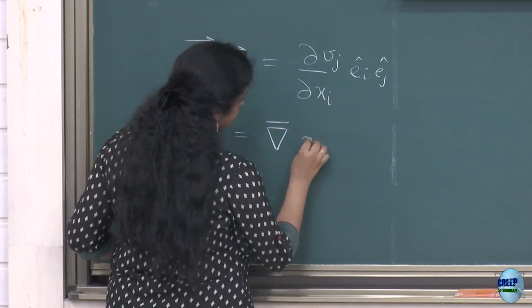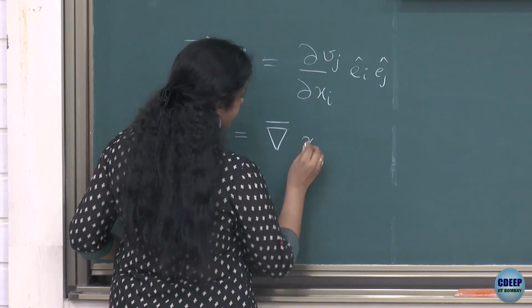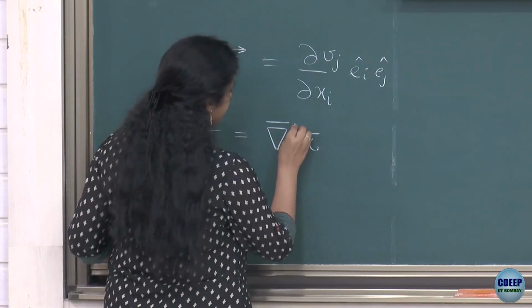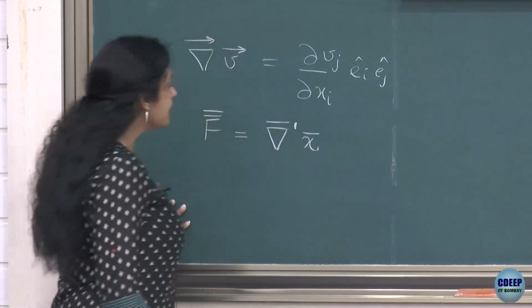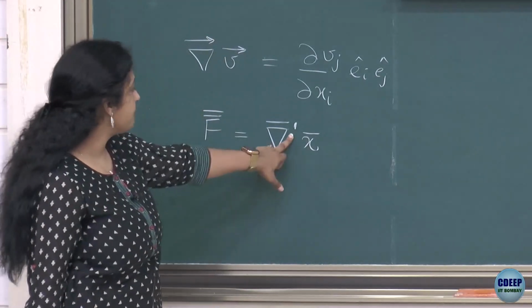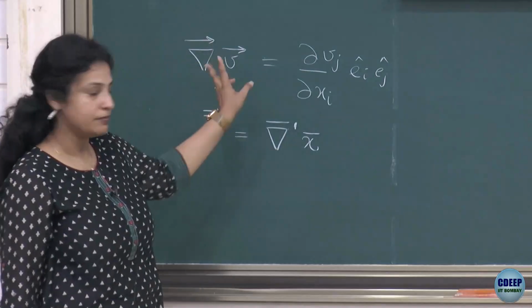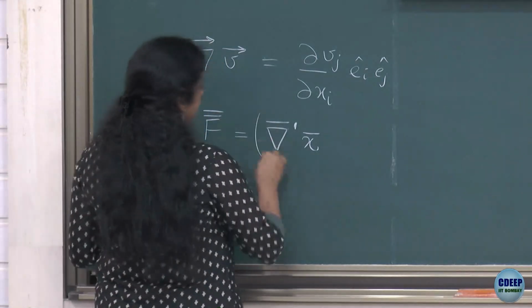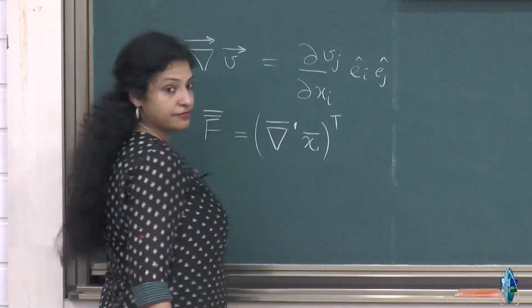The gradient of x, gradient with a dash because the gradient operator is being applied previously, and we are taking a transpose of this.